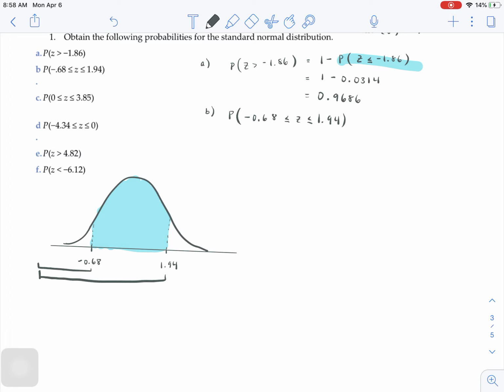I just want this area right here. So the area between these two is just equal to the area to the left of 1.94 minus the area that I don't want, this part here, which is the area to the left of negative 0.68.